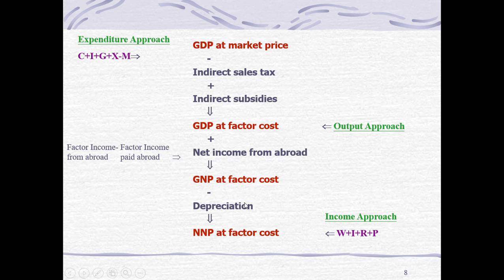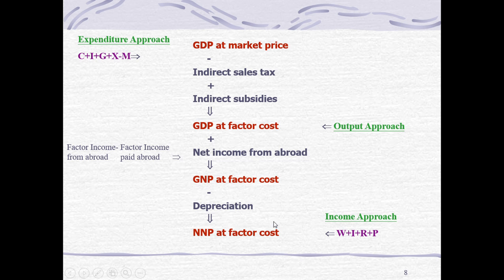Depreciation is the reduction in the value of capital. Whilst you use capital, did it reduce in value? Subtracting depreciation from gross national product at factor cost gives us net national product at factor cost. Right. So basically, that is how to end up getting the exact national income of a country.